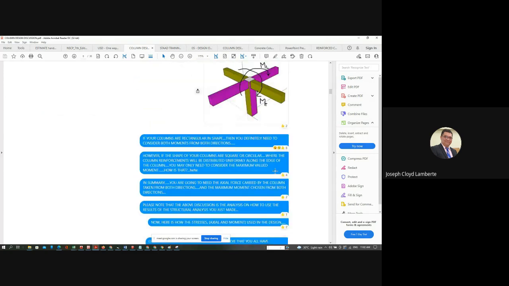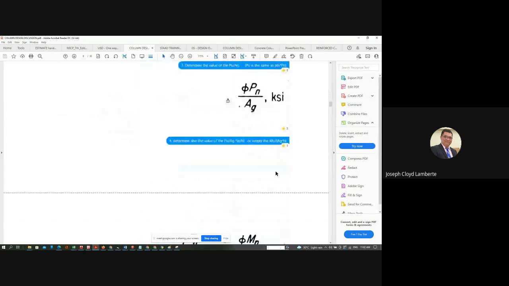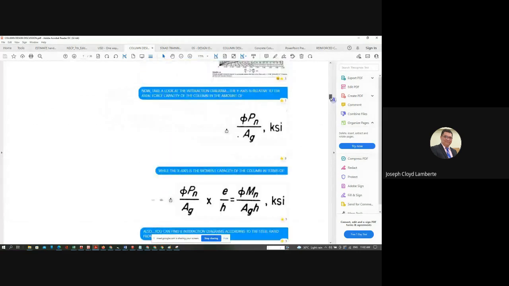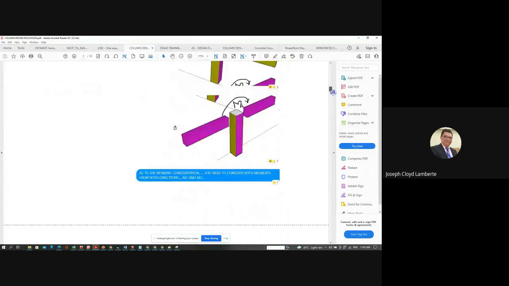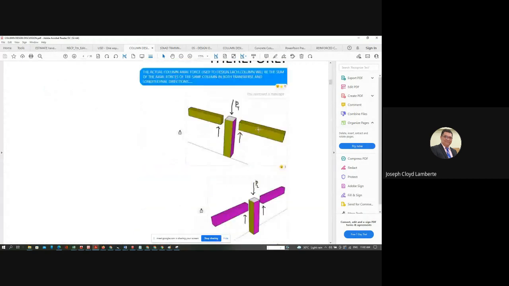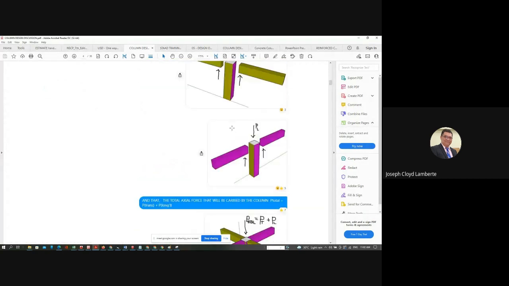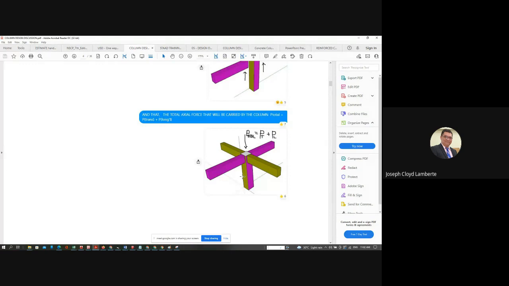It will be a big job for you next semester, because you need to analyze your frame and determine the axial load along the transverse analysis and the axial load along the longitudinal analysis, and then get the total.